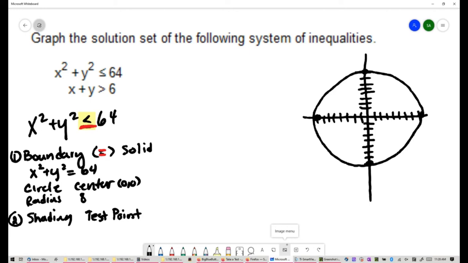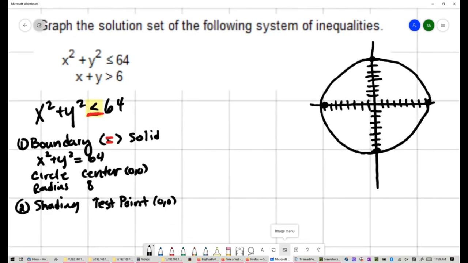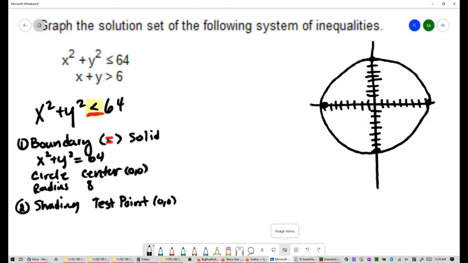So lots of people like to choose 0, 0 as a test point because it makes your arithmetic work out very nicely and very uncomplicated. And 0, 0, even though it is the center of this circle, it is not on the boundary line. It's not actually part of the circle. So I can substitute it in and get 0 squared plus 0 squared is less than or equal to 64. And 0 is less than or equal to 64 is a true statement.